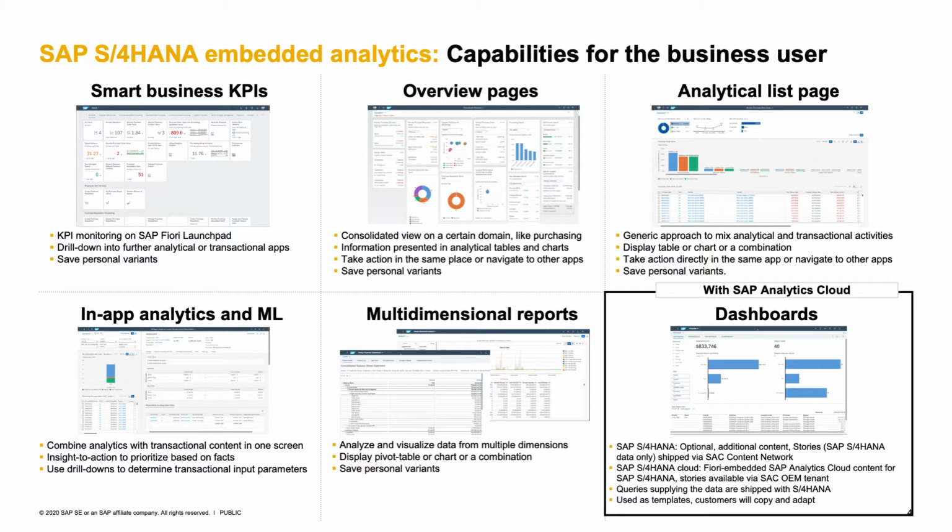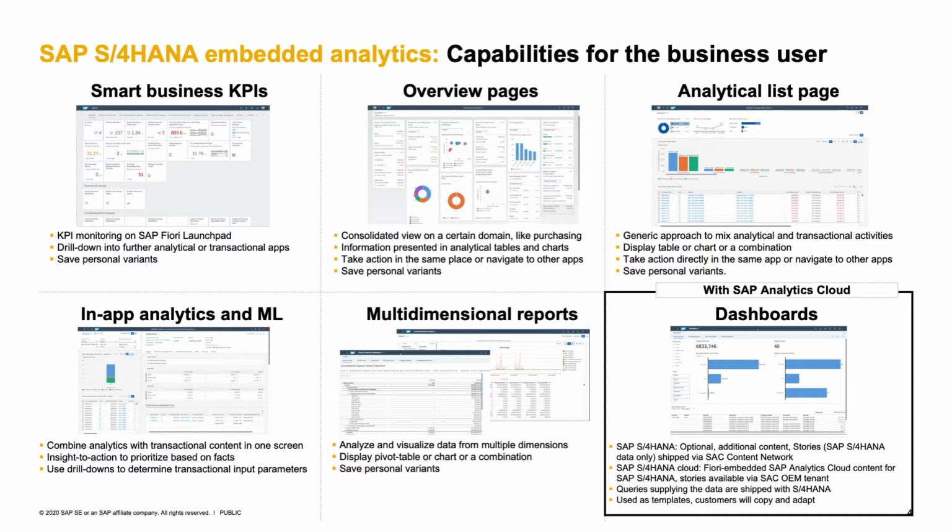Let me say a few words about the most prominent frameworks. In the upper left corner, we have the Smart Business KPI application, which helps to monitor KPIs at one glance from the Fiori Launchpad in order to identify critical values. With one click on the KPI tile, business users can, for instance, open an analytical report to narrow down the problem.